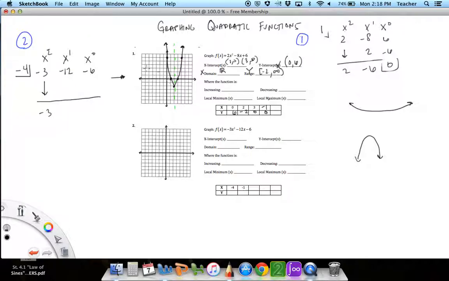So from -infinity to 2, we are decreasing. I'm not going to bring in -2, I'm not going to bring in any y values. It's just specifically talking about the x-axis.